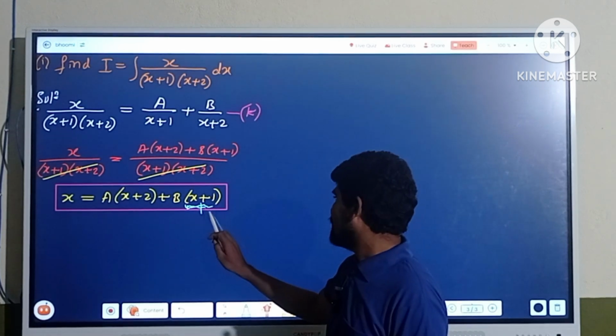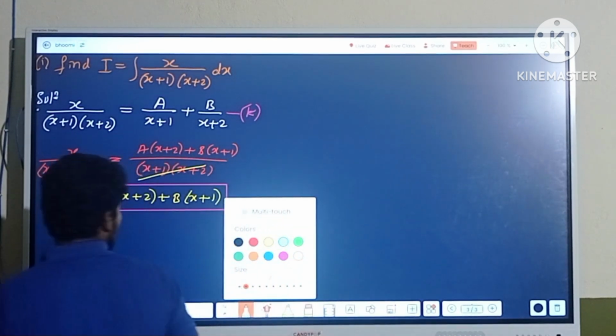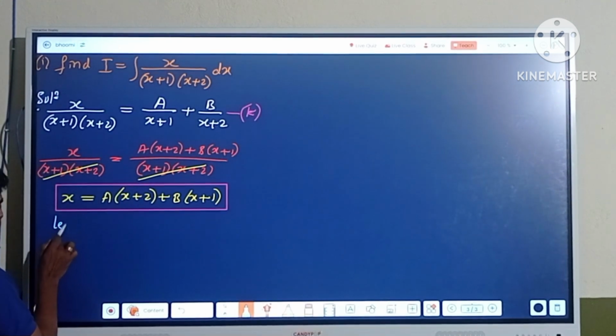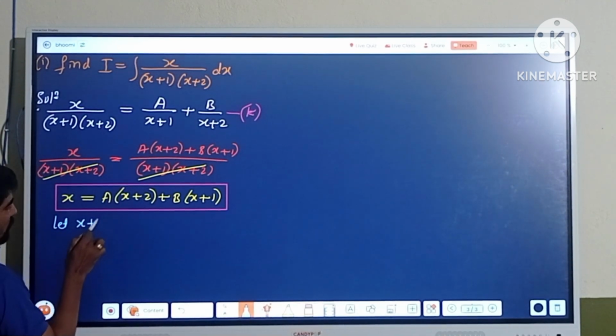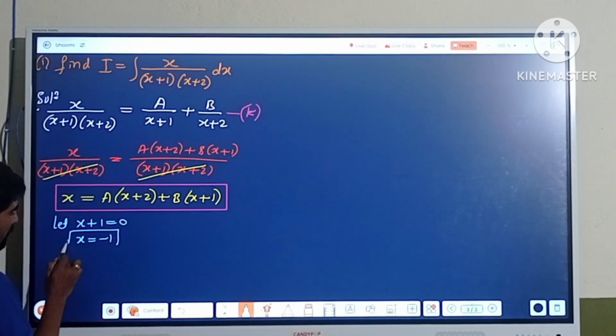Let x plus 1 equal 0. It means the value of x is equal to minus 1.